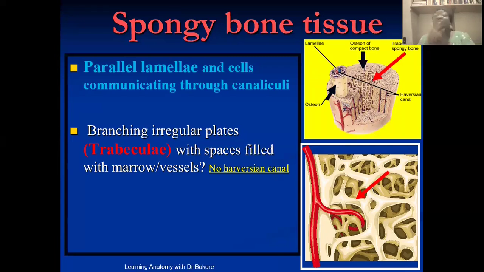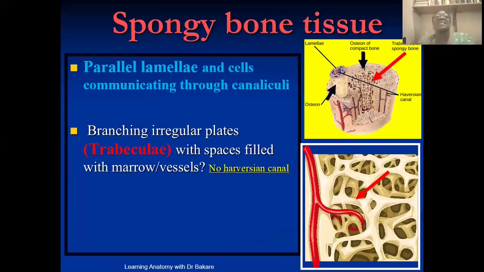If you go back to the microscopic anatomy of the compact bone, remember we said that it is basically made up of the Haversian system. These Haversian systems are tightly packed together, so there is no space located within them. And this is why they are also heavier than the spongy type of bone that is seen with a number of spaces. So it's important that we're able to differentiate the features that they exhibit and also relate them to their microscopic anatomy.